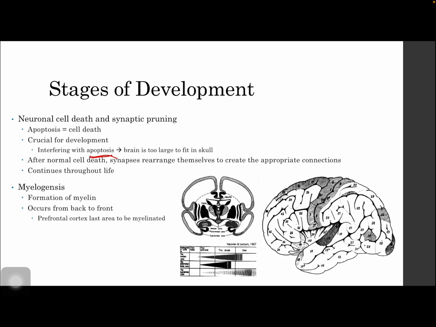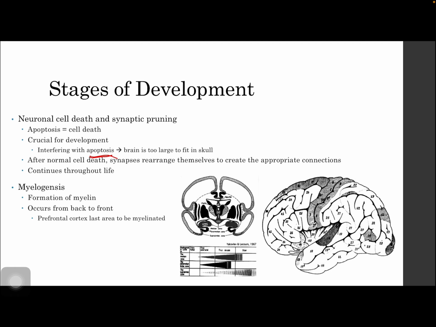Now, if you interfere with apoptosis and you don't let the cells run their life cycle, you end up having a brain that is too large to fit in the skull. And that would be dangerous for the survival of the species. So cell death is part of the process that happens.